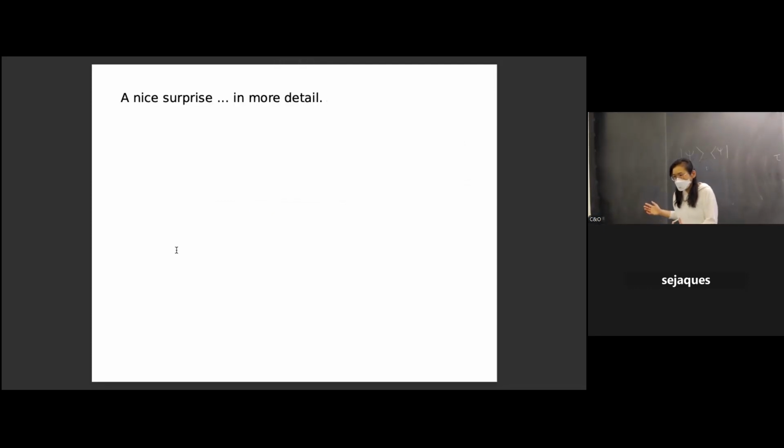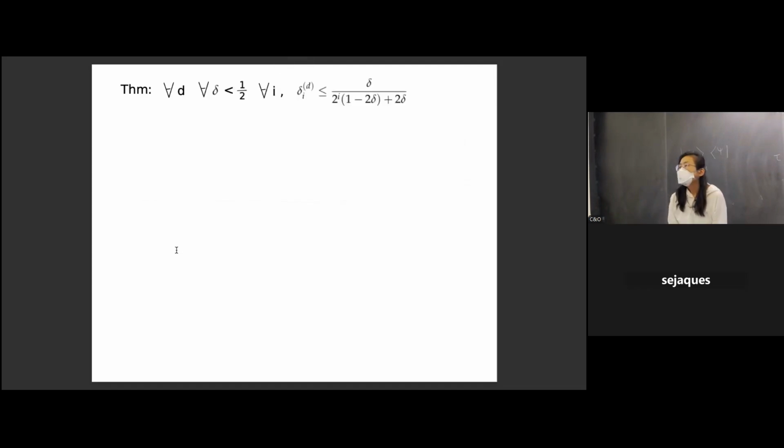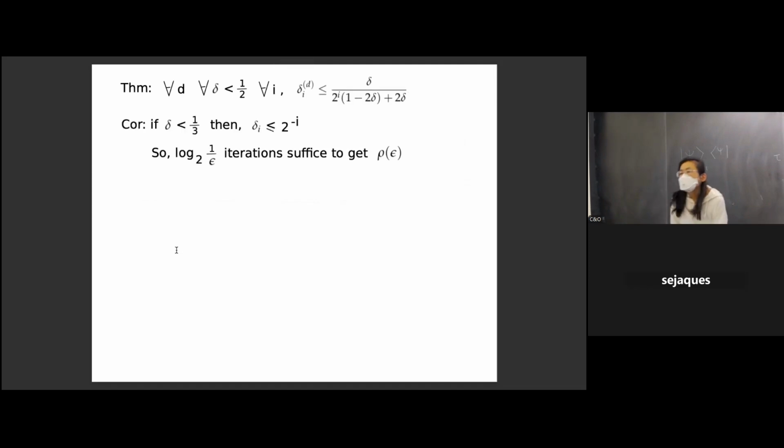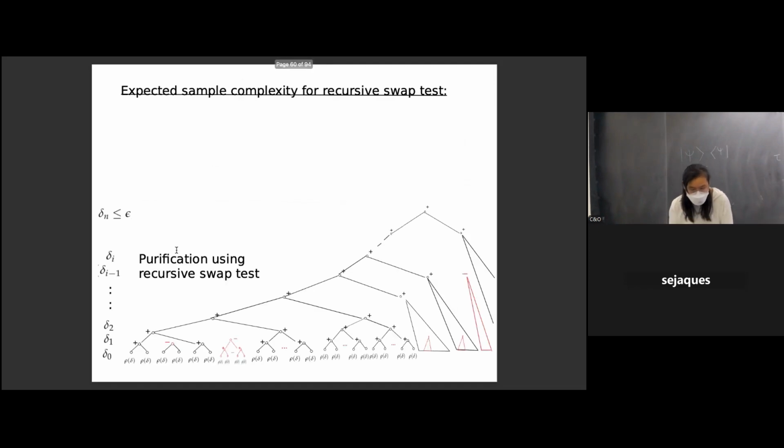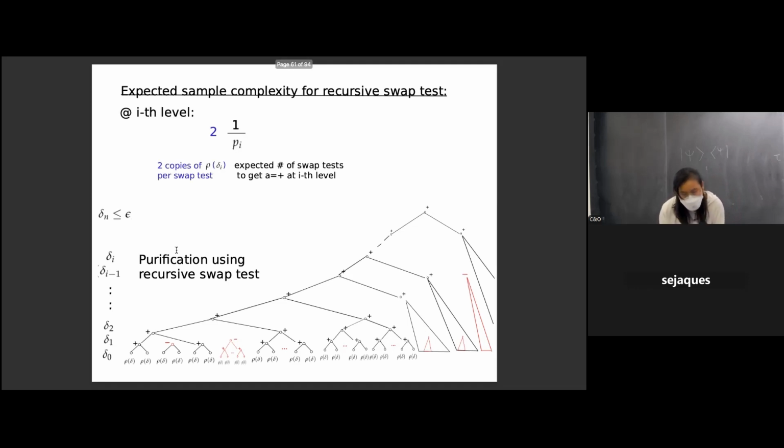So let's see what is a nice part of the result. When the noise is no more than half, if the initial delta is no more than 1/3, then delta i is no more than 2 to the power minus i. And so you need only log 1/epsilon iterations. Then you can count the sample complexity by noticing that for every test, you take 2 copies.